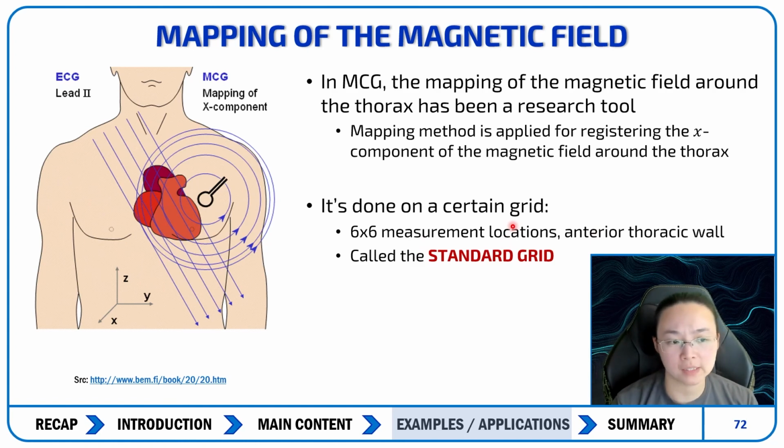So before I move on to the standard grid, I just want to explain this a little bit more. Basically, the similarity between the lead fields of certain electric and magnetic leads are illustrated in this diagram. So we have the E field, and then we have the magnetic field, basically from that previous slide we were on. If the magnetic field is measured in such an orientation, in the X direction in this example, and location, then the symmetry axis is located far from the region of the heart.